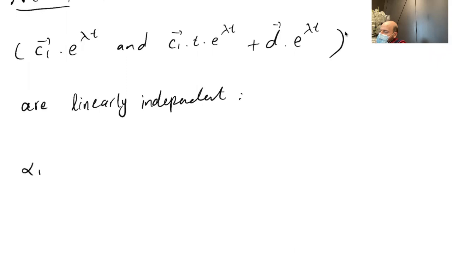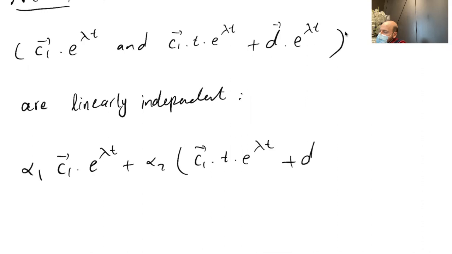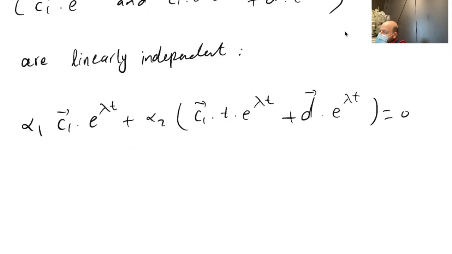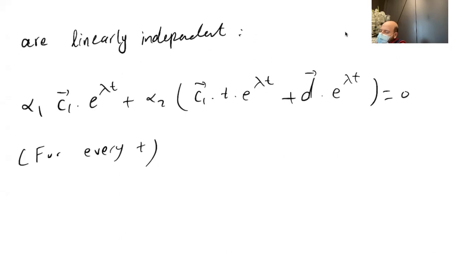So let's say alpha 1 times C1 e to power lambda t plus alpha 2 times C1 t e to power lambda t plus d e to power lambda t equals 0. So this is supposed to be true for every t. So it will be valid for t equals 0 as well.